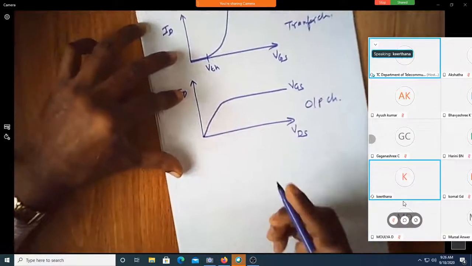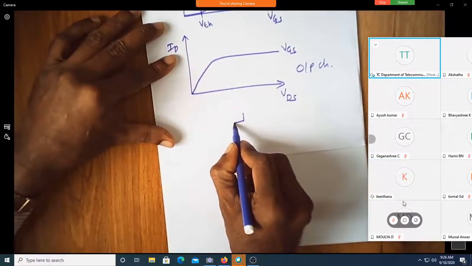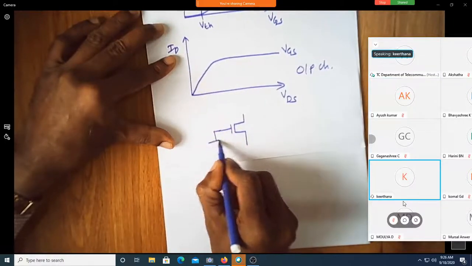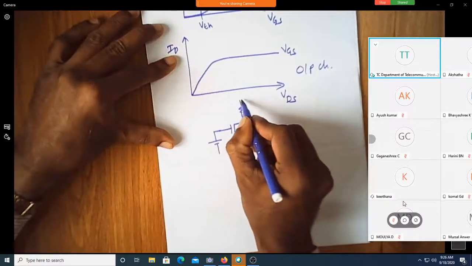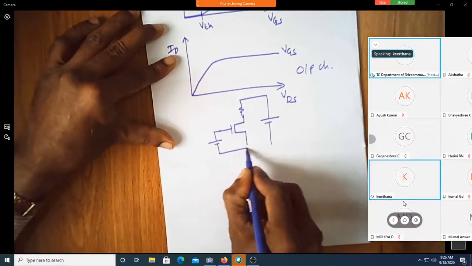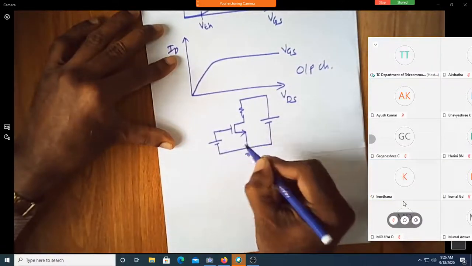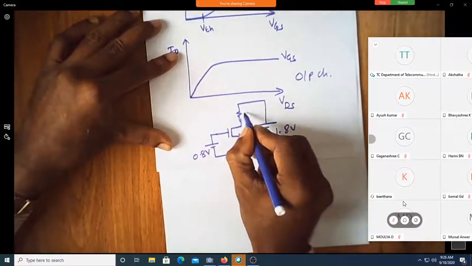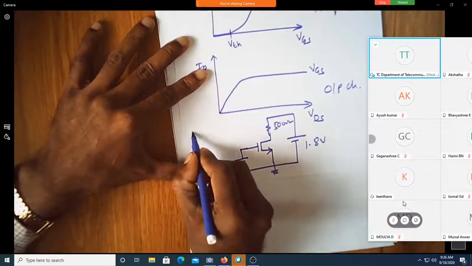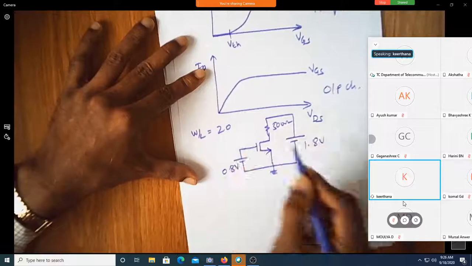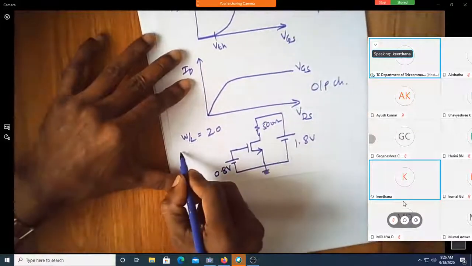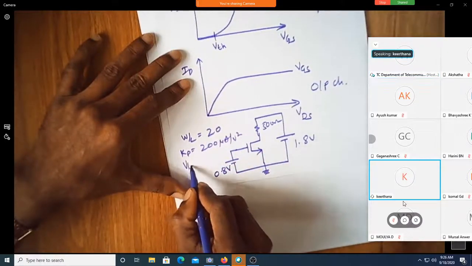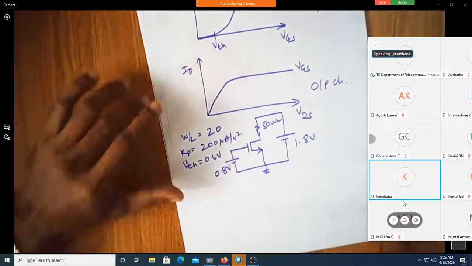Now let us write the circuit of the MOSFET, assuming Kp as given.